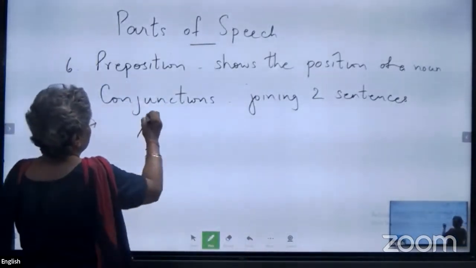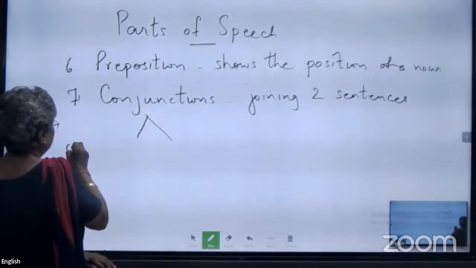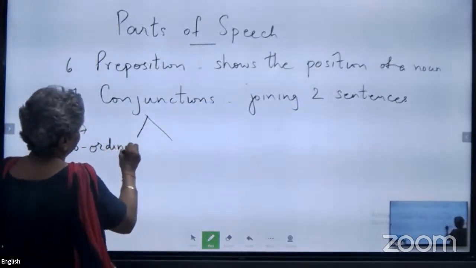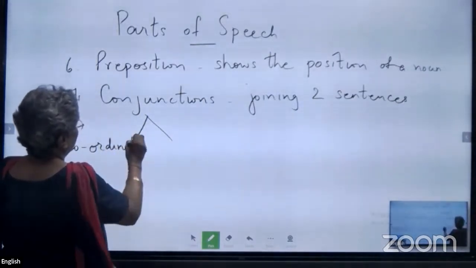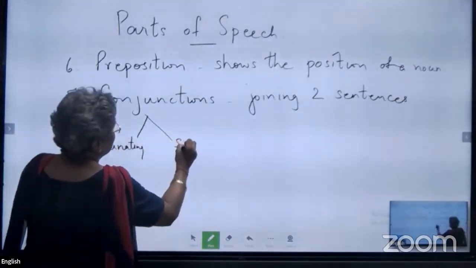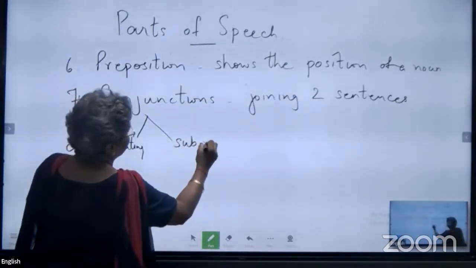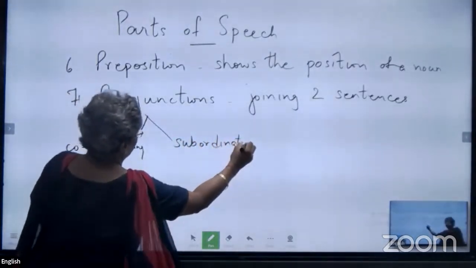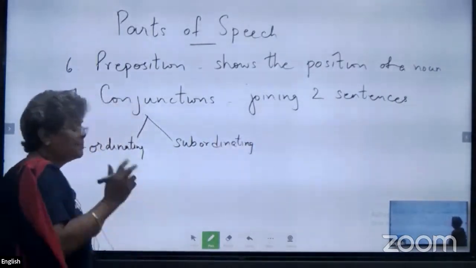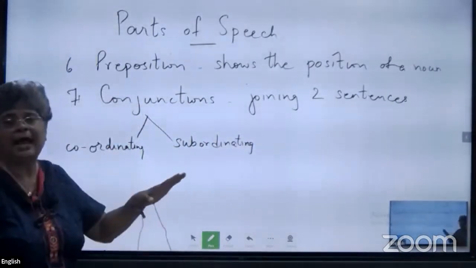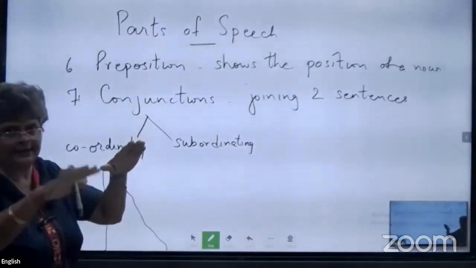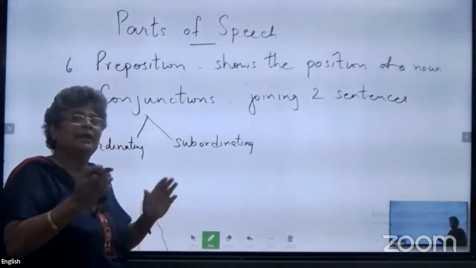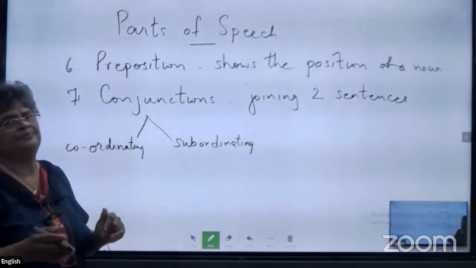One is coordinating, and the second is subordinating. Subordinate, which is not at par. Subordinate at a lower level, because it depends on the main clause.